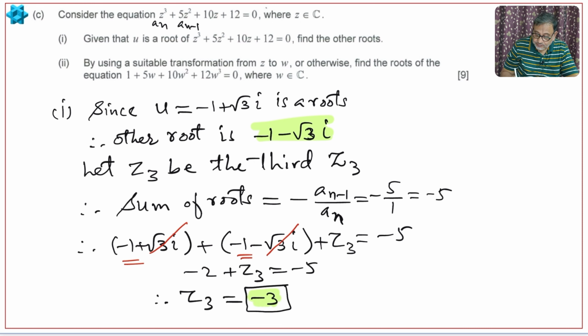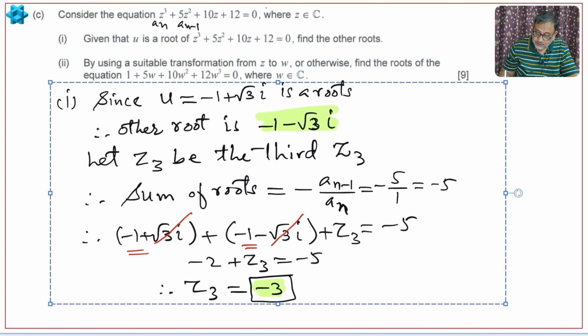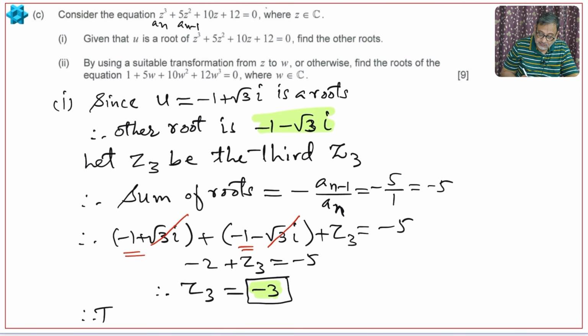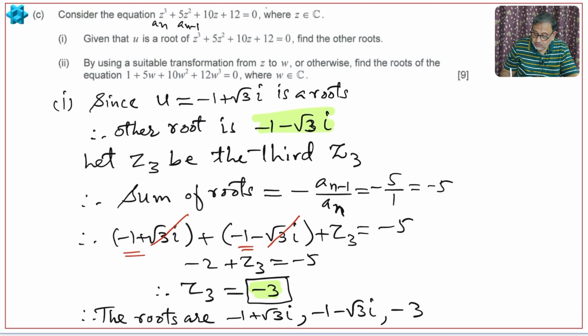Therefore, the roots are minus 1 plus root 3i, this was given, the conjugate we found, and minus 3. These are the 3 roots of the given equation, right? Okay.